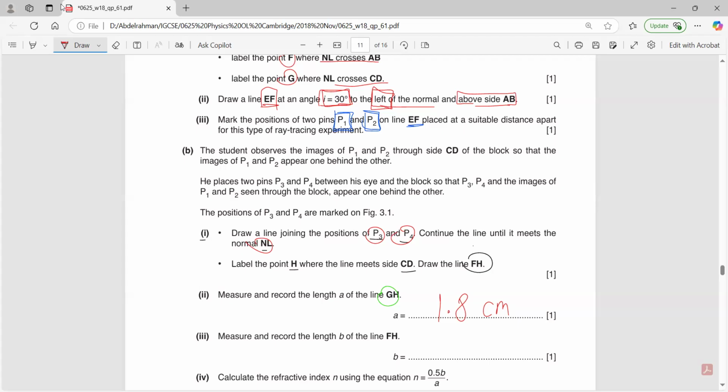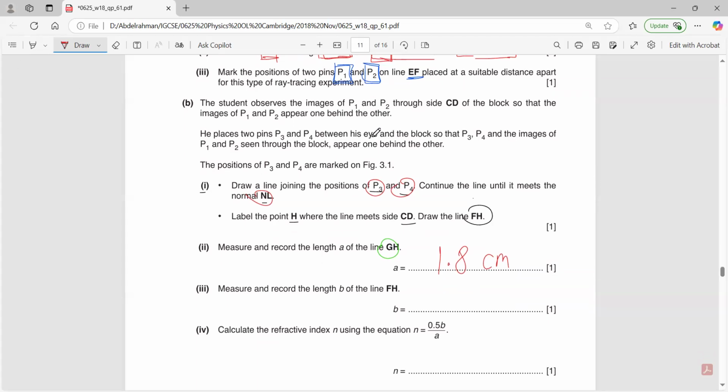Your pencil wasn't thin enough, or your angles were off, or the normal wasn't exactly 90 degrees, or it wasn't exactly at the center. These are some problems while drawing, so you need to be very careful. 1.8 would be a very exact number for the distance GH.